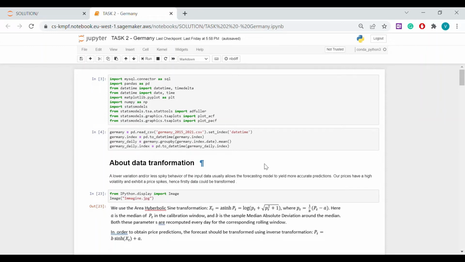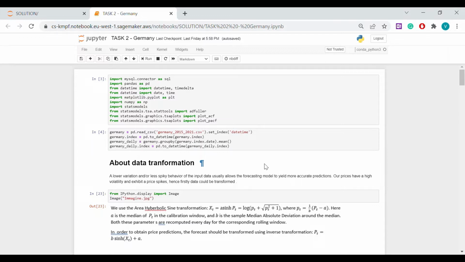Now we can move on to the second task, the choice of model and forecasting, but firstly a couple of words about data transformation. Usually, a lower variation or less spiky behavior allows us to have more accurate predictions. So, since in our case our prices have a high volatility and exhibit price spikes, the data could be transformed firstly.